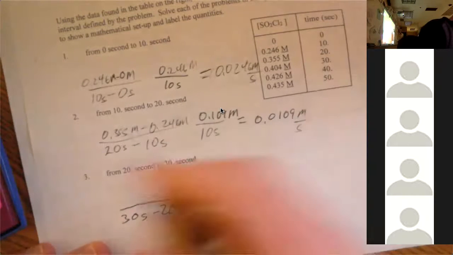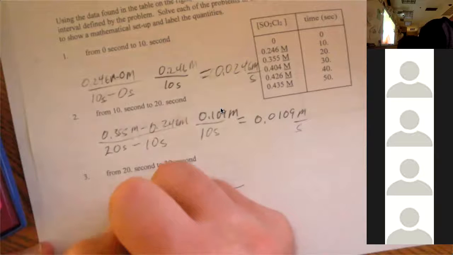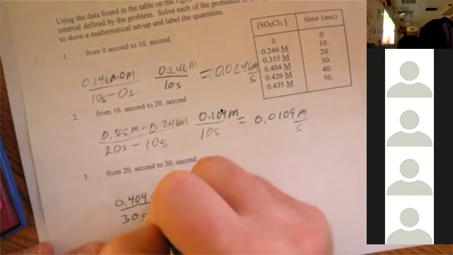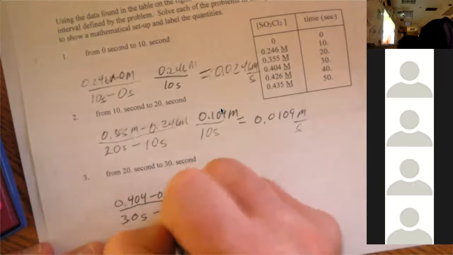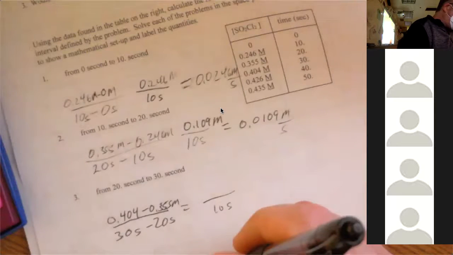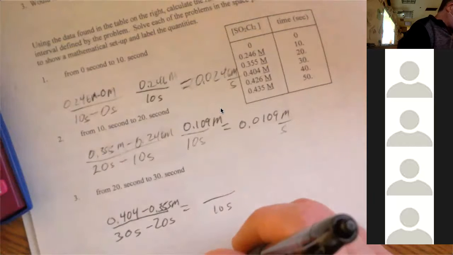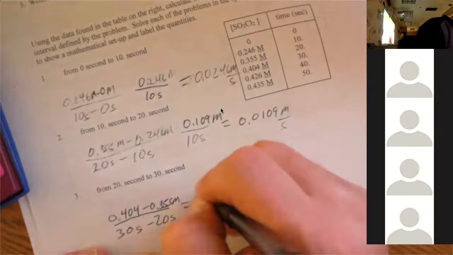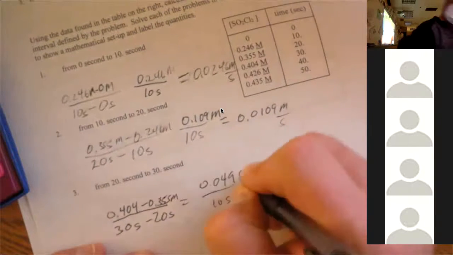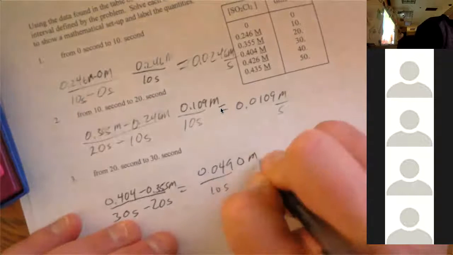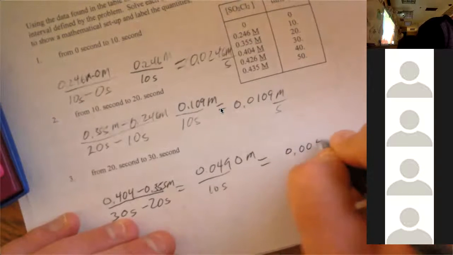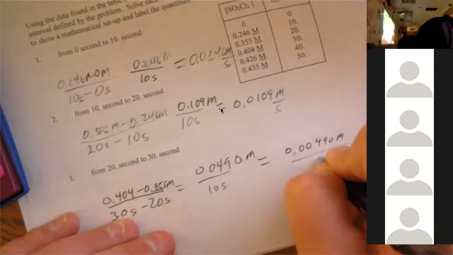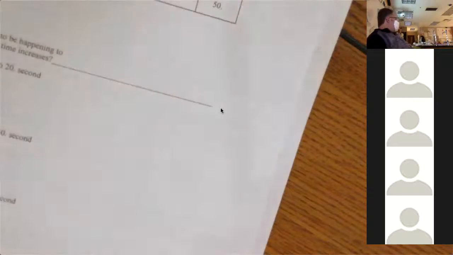We're going to go from 0.355 up to 0.404. 0.404 minus 0.355. We get 0.049. We divide that by 10. We get 0.00490 molar per second. We're going to do that for all this data, and then we're going to analyze that data tomorrow before we go over the review.